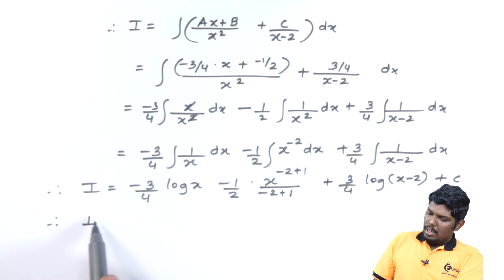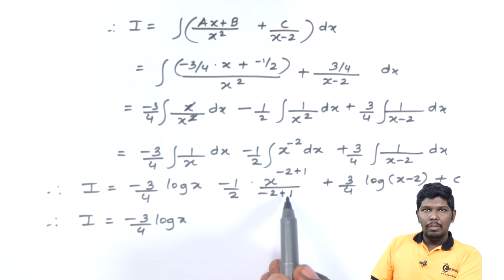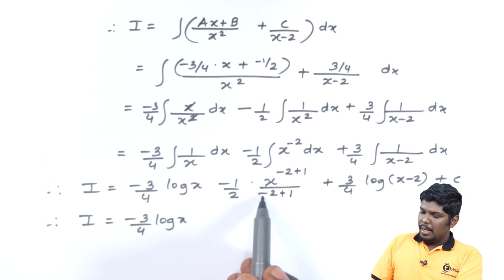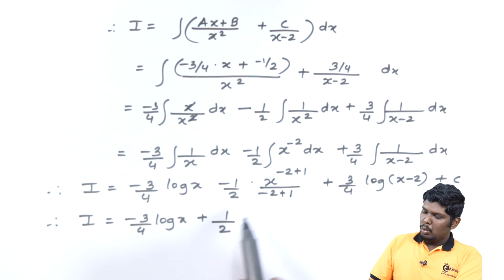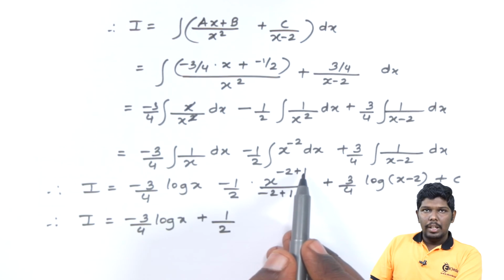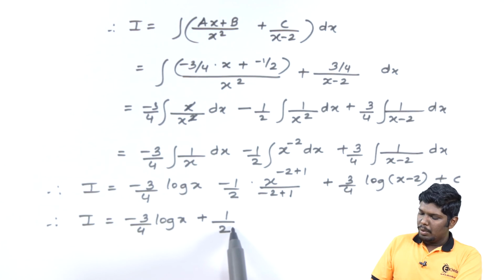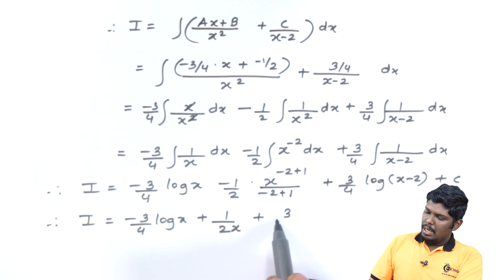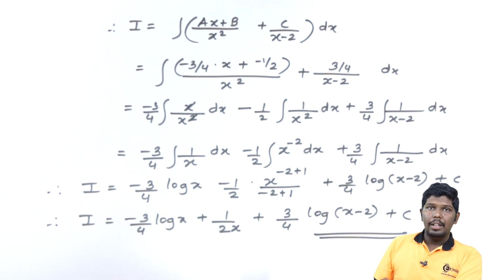Therefore I will be minus 3 by 4 log x. Here you can see minus 2 plus 1 will give you minus 1 and that minus into minus will give you plus 1 upon 2. Again minus 2 plus 1 is minus 1 and x raised to minus 1 can be written as 1 upon x. Plus we have 3 upon 4 log of x minus 2 plus c. This is the final answer.